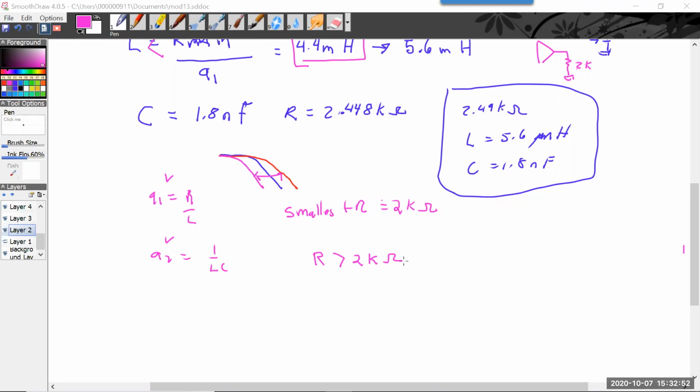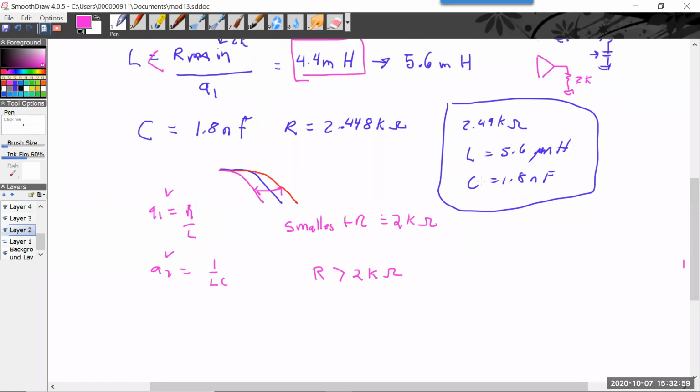I'll never say the word always, but it's a good assumption in this class, because in general you can assume some op amp is the source, and the data sheets will tell you the minimum resistance. Some op amps can drive smaller resistances, so you need to look at the data sheet.